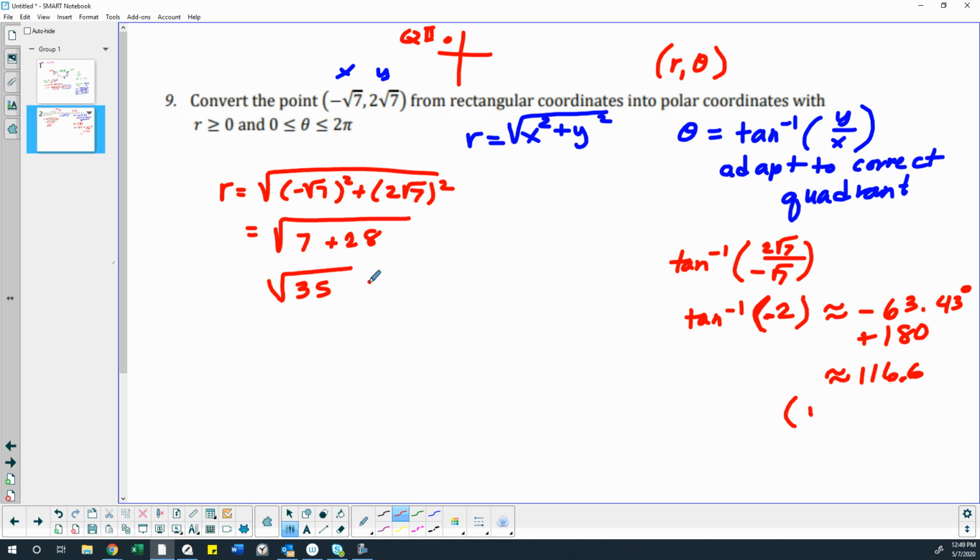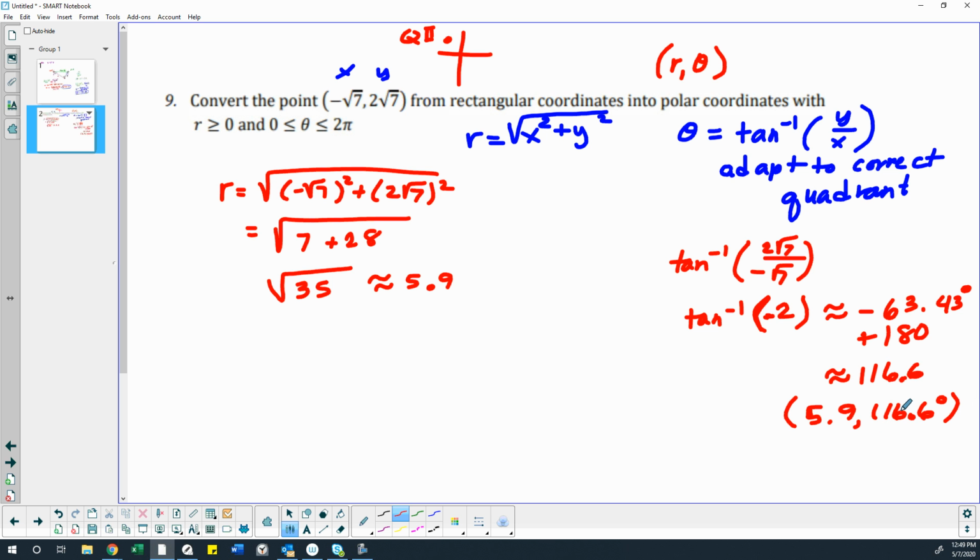So let's go ahead and do approximates on both answers. The square root of 35 is 5.9, I'll just do one decimal on that. So the approximate answer would be 5.9, comma 116.6. So the radius is 5.9 and 116.6 would be the number of degrees.